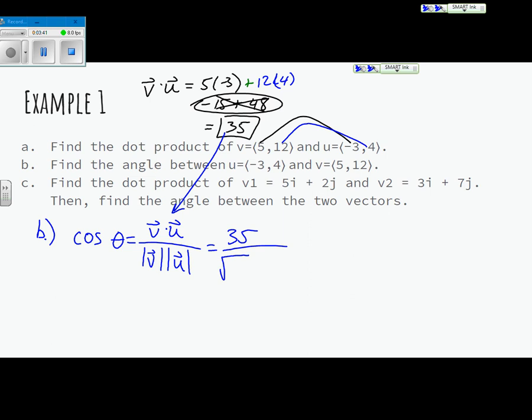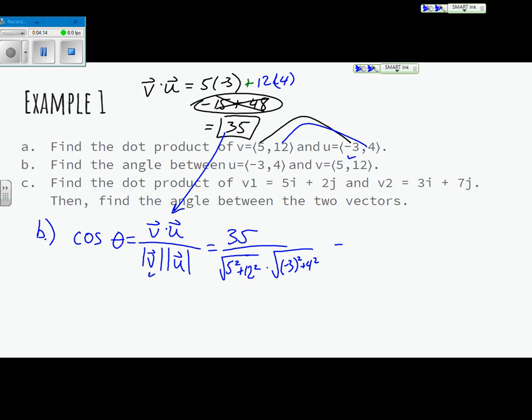So I need to multiply the magnitudes, using the square root of a squared plus b squared. Whenever I do this, I'm just going to work it for v first. So a squared plus b squared: 5 squared plus 12 squared, and then that's going to be times the magnitude of u, which is just the square root of negative 3 squared plus 4 squared.